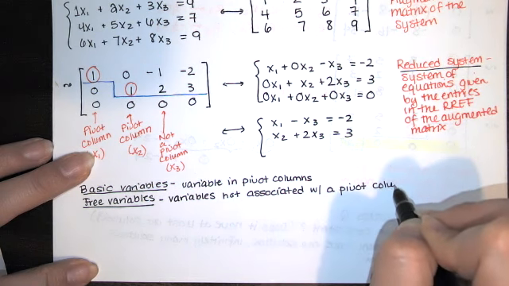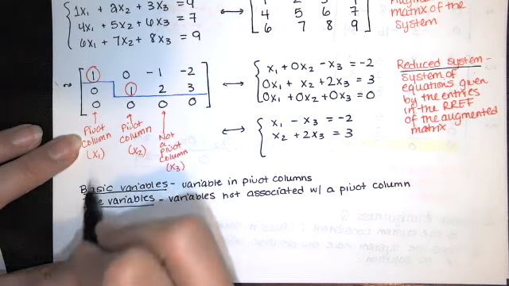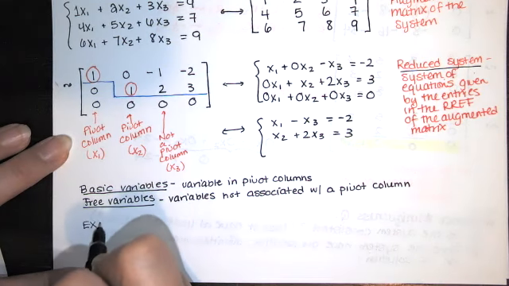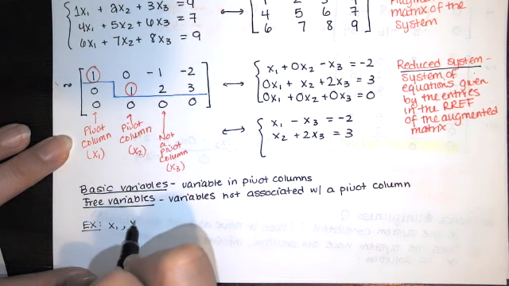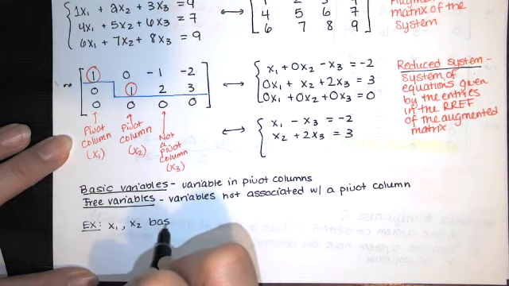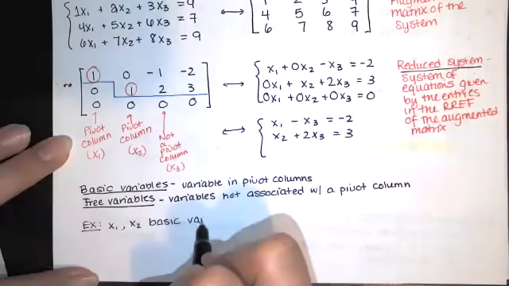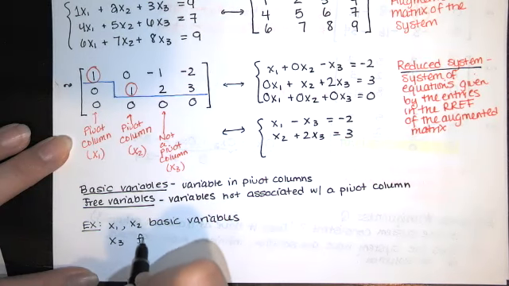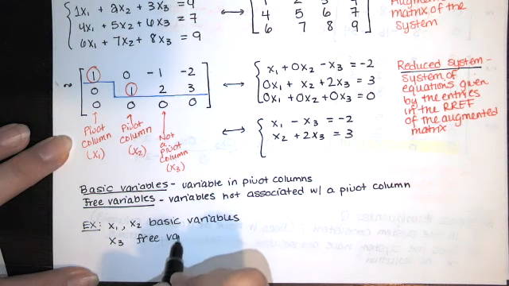So in this example, x sub 1 and x sub 2 are basic variables. And x sub 3 is what we call a free variable.